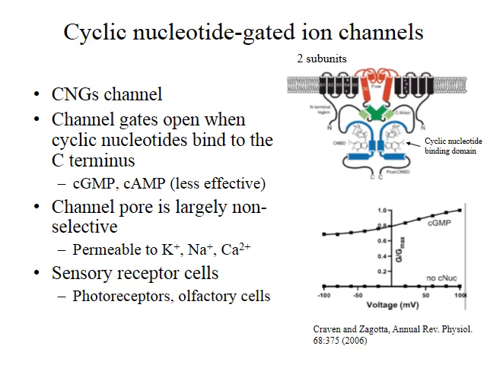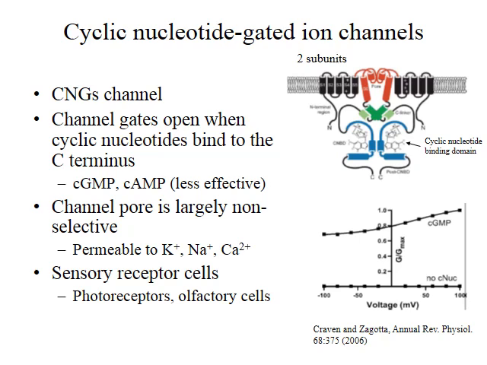Cyclic GMP is most effective in modulating these channels, although cyclic AMP can also modulate the open probability of the channels. The channel pore of CNG channels is largely non-selective to cations. These channels are permeable to potassium, sodium, and calcium.